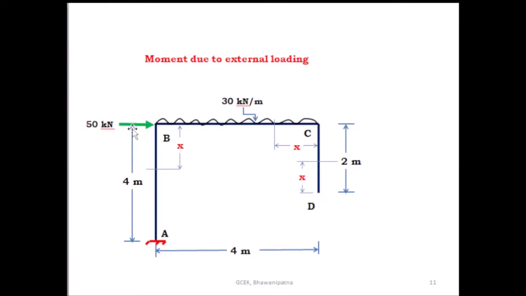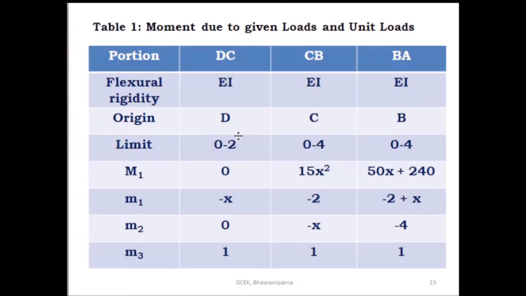Due to this load, the moment here is 50 into x, so 50x plus 30 into 4 into 2, that is 50x plus 240 for BA.